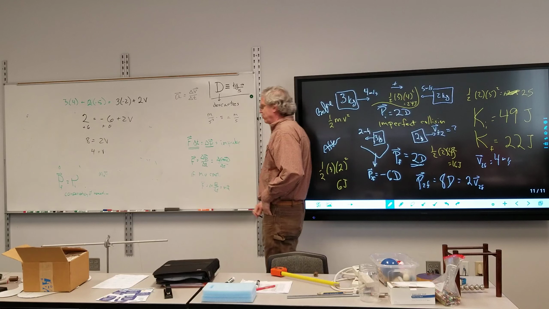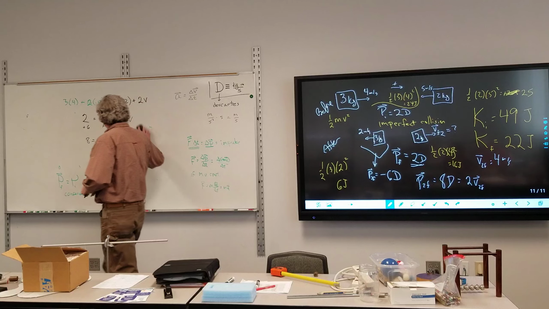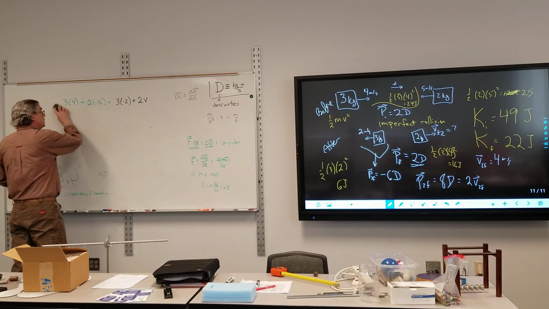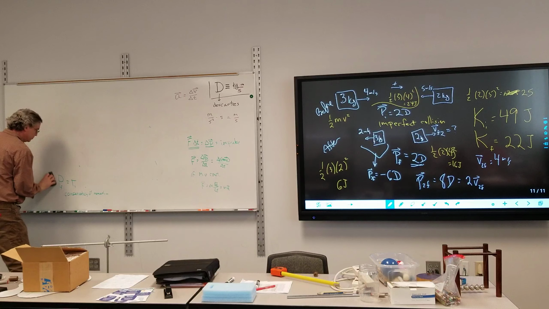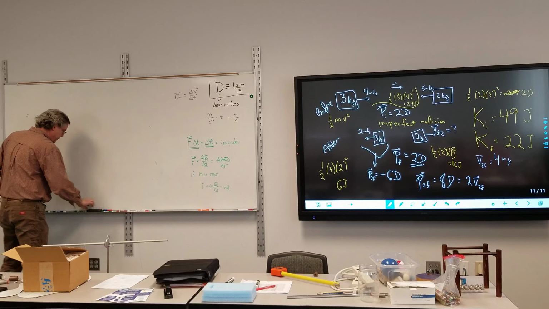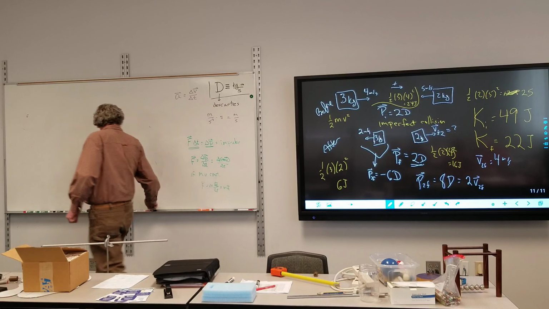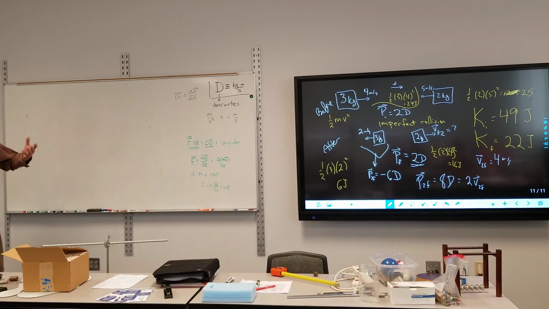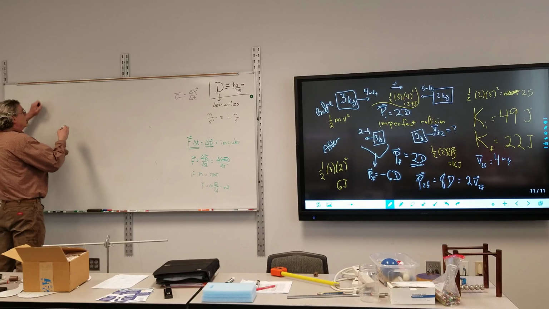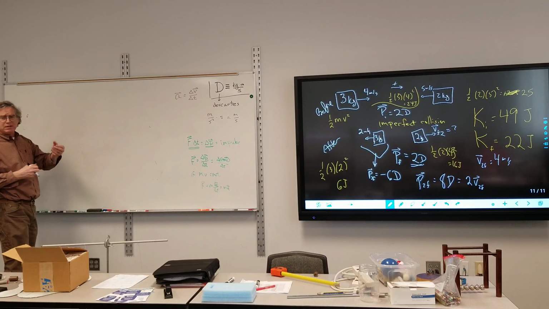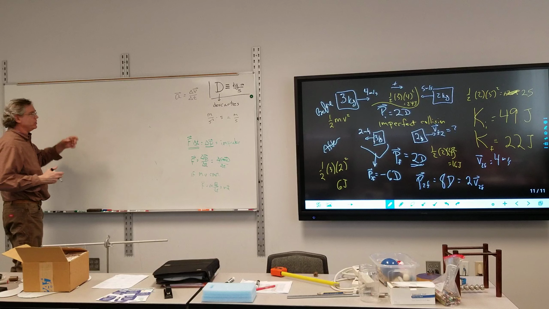So let's take a look at some vocab and the different types of collisions. In all these collisions, momentum is going to be conserved. So the type of collision depends upon what happens with the kinetic energy.